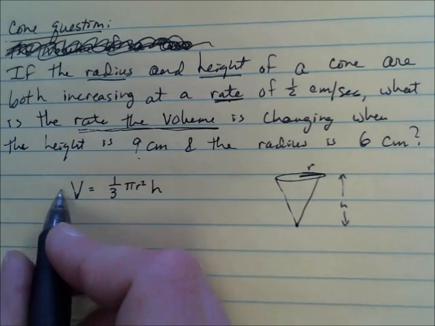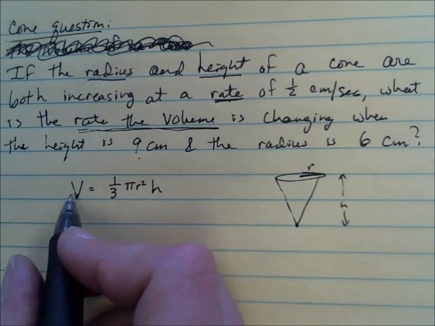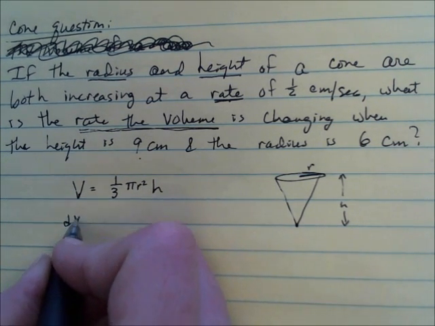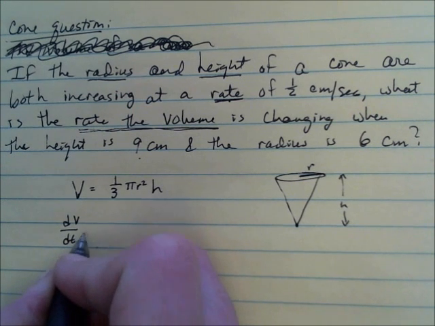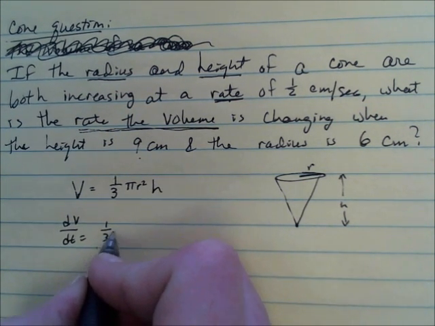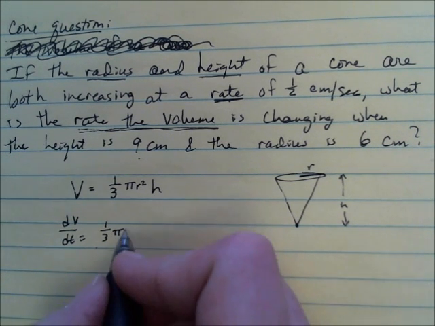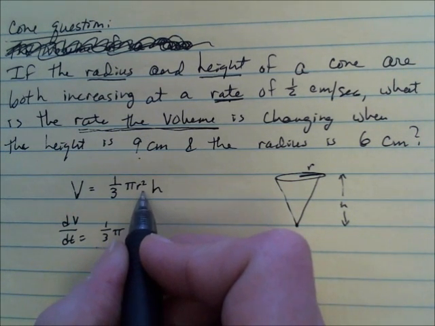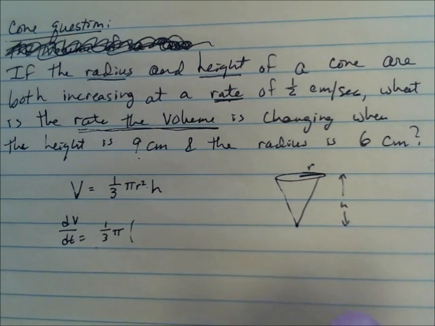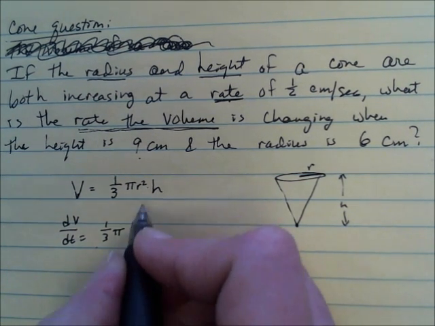So we're going to take the derivative once we've got this equation that relates the variables in this problem. dV/dt is equal to, remember, 1/3 pi is a constant, so I'm going to pull the 1/3 pi out in front. And now r is changing, h is changing. Those are both variables, and it's a product of two variables. So we have to use the product rule on this.